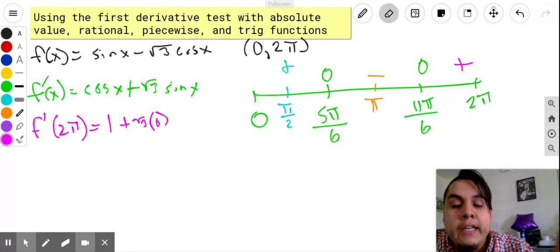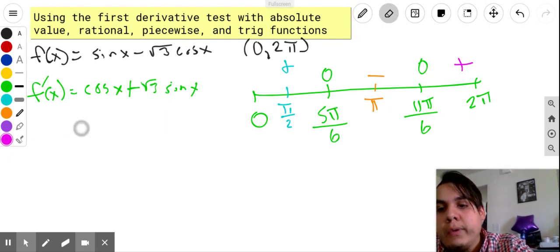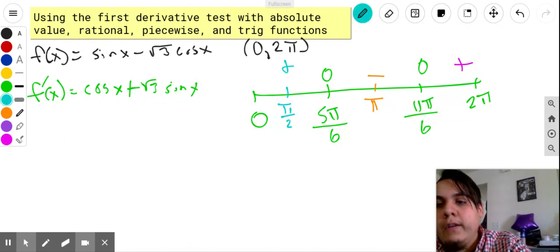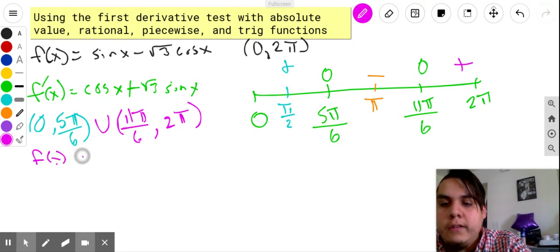Now I have to, again, take into account the interval that I was working with. So here's what I'll say. From 0 all the way to 5 pi over 6, or from 11 pi over 6 to 2 pi, f of x is increasing.